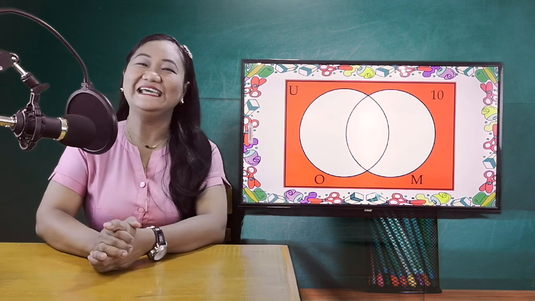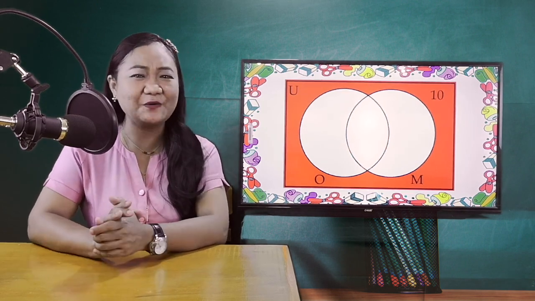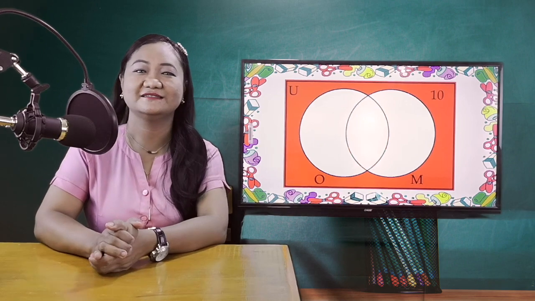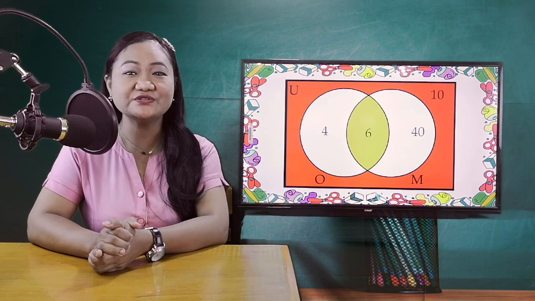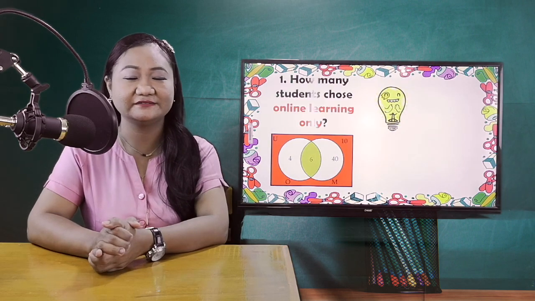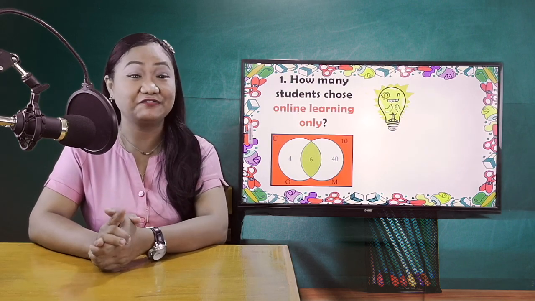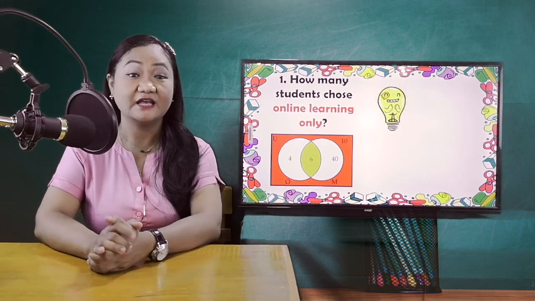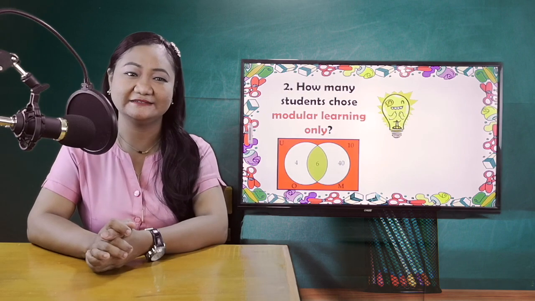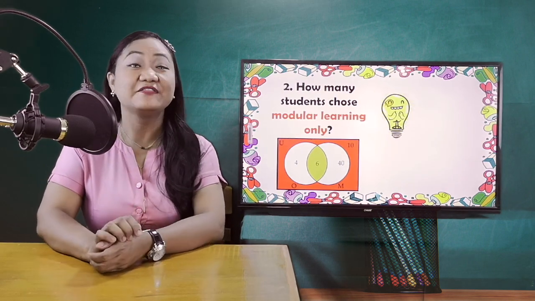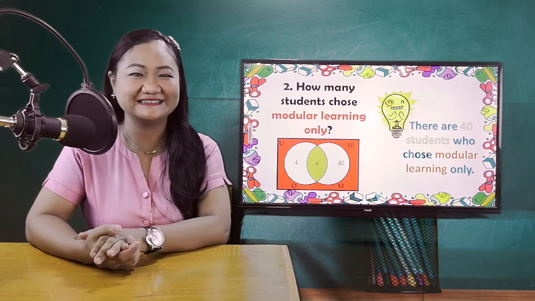All right! In conclusion, let us go back to the given questions. First, how many students chose online learning only? Yes, there are 4 students. Second question, how many students chose modular learning only? Correct! There are 40 students.